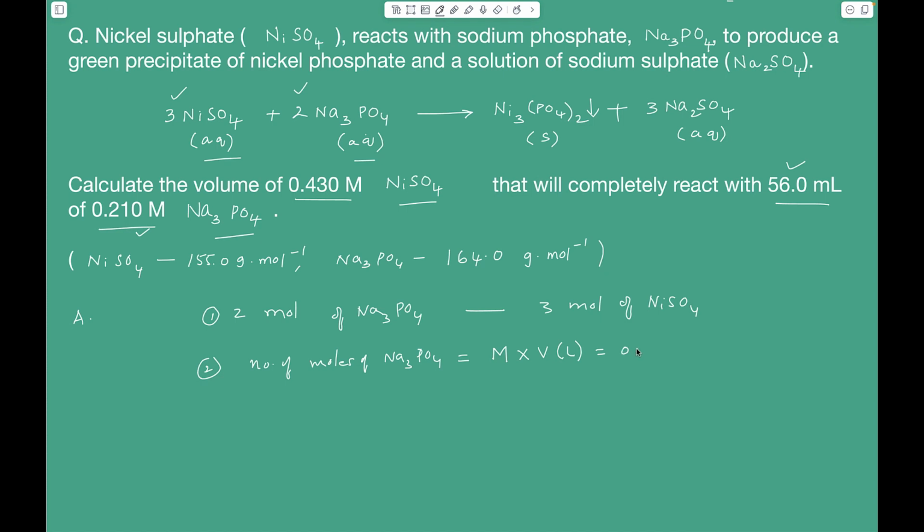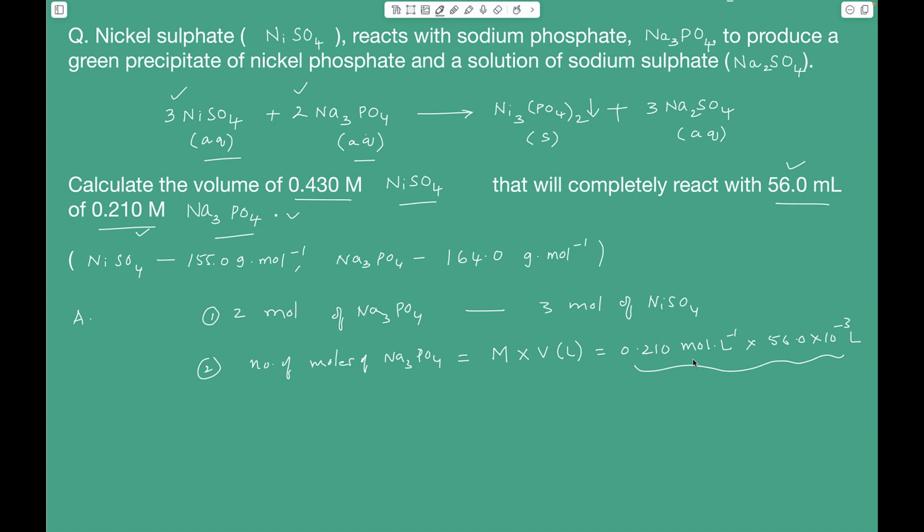Molarity is 0.210 mole per liter multiplied with volume of the solution taken in liters is 56.0 times 10 to the power of minus 3. So we have these many moles of sodium phosphate in the solution of sodium phosphate that we took.